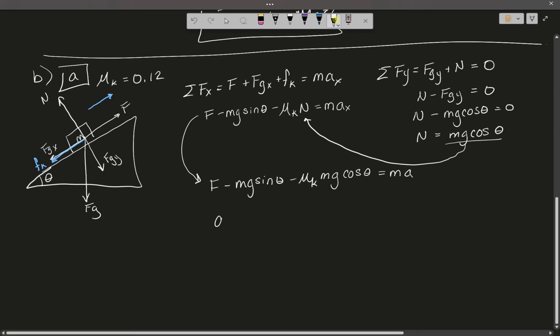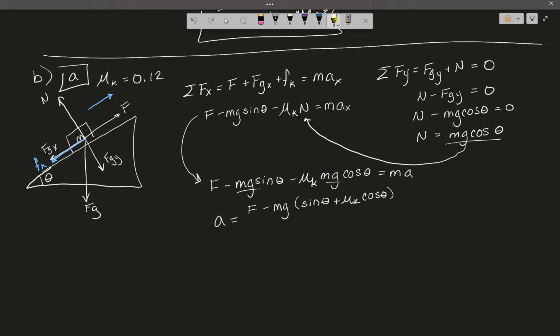So I can have acceleration is equal to the force that's applied minus, I'm going to group these together, mg times the bracket sine of theta minus mu sub k cosine of theta. All I did here was I pulled out the mg's because they're shared together. That would make this a plus because I have the minus, and the minus would distribute into this.